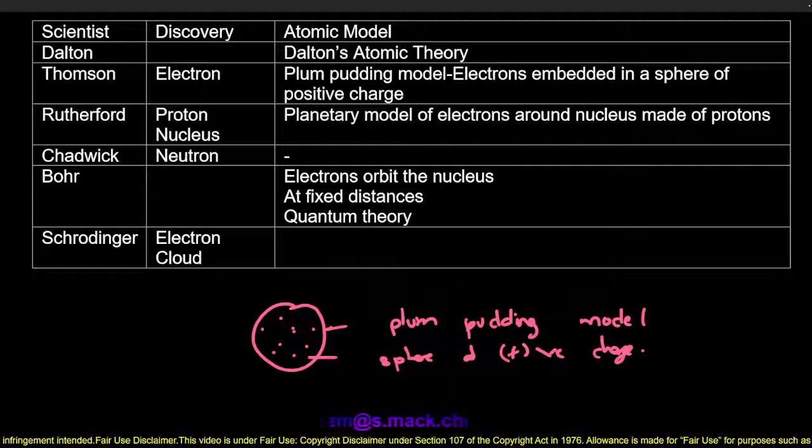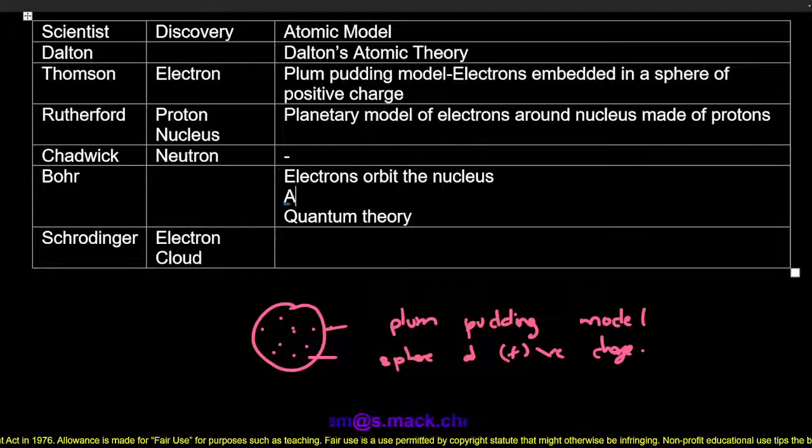So through his experiments, which we will look at later on in more detail, Bohr was able to propose that yes, there was a nucleus at the center of the atom, but that electrons would orbit the nucleus at fixed distances, or what we now call fixed energy levels. So Bohr proposed that electrons orbited the nucleus in fixed energy levels.